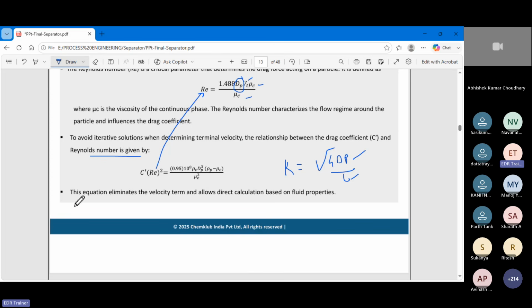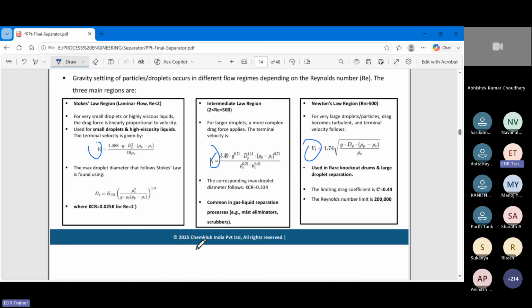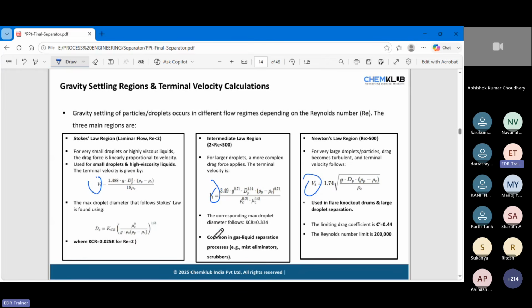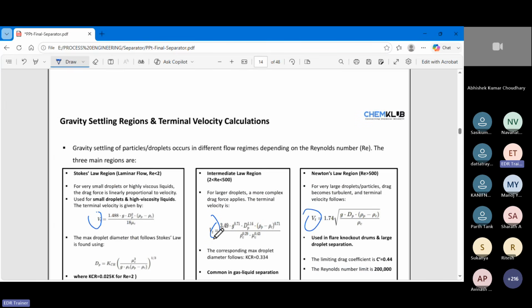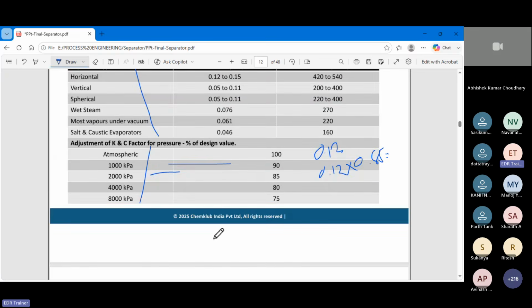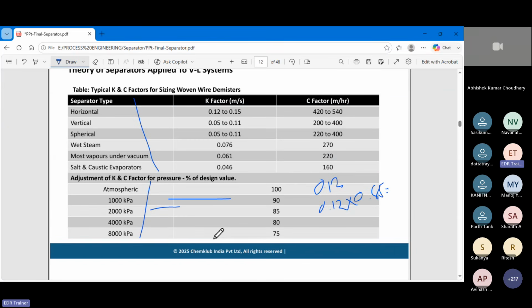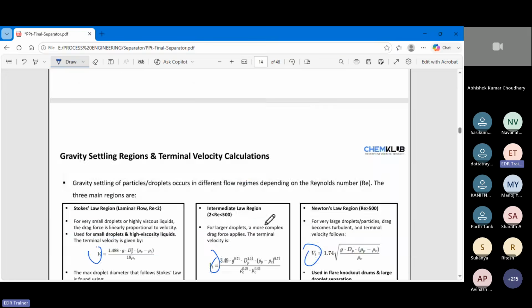These are all the methods I have been explaining, the calculation method for the K value. Now, as I told you, if you don't want to calculate, you can select directly from the table. That would be very easy, and that value should be near to the calculated value.